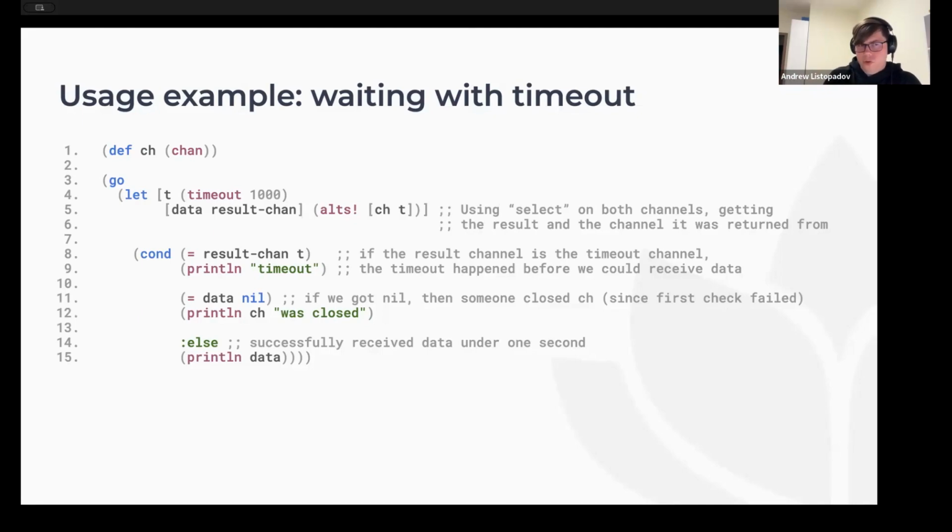I will not go into the cond expression here, but what's important is that because it's just a callback and our timeout channel is closed automatically, when it's closed, it will automatically call this callback. So we don't need a separate system to monitor these callbacks. We only need to monitor channels. And I honestly think this is an amazing design decision from the library authors.